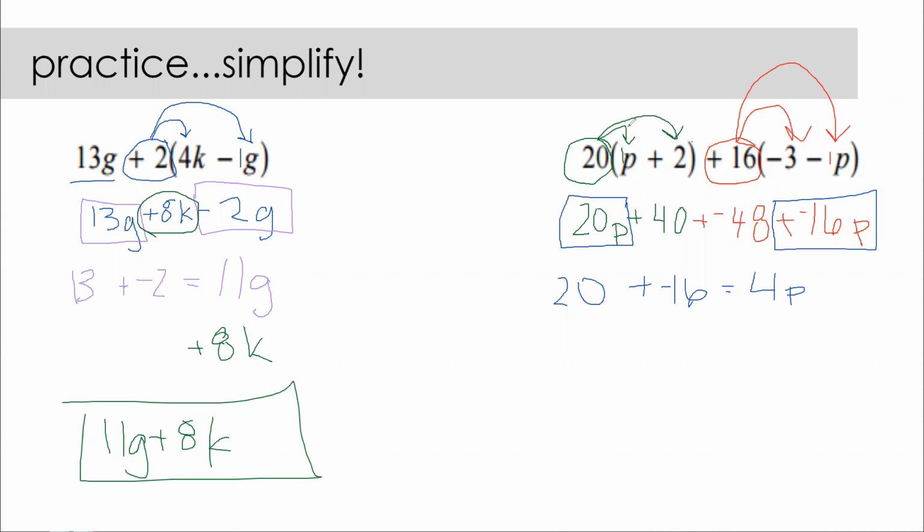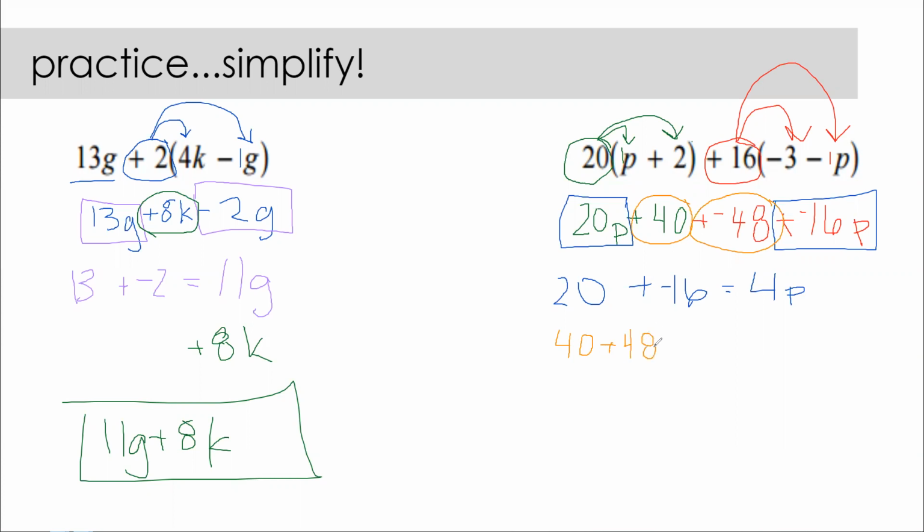Now we are going to have to combine our other like terms. So I've got a positive 40 right there, and then a plus negative 48 there. So I'm taking 40, a positive 40, plus a negative 48.